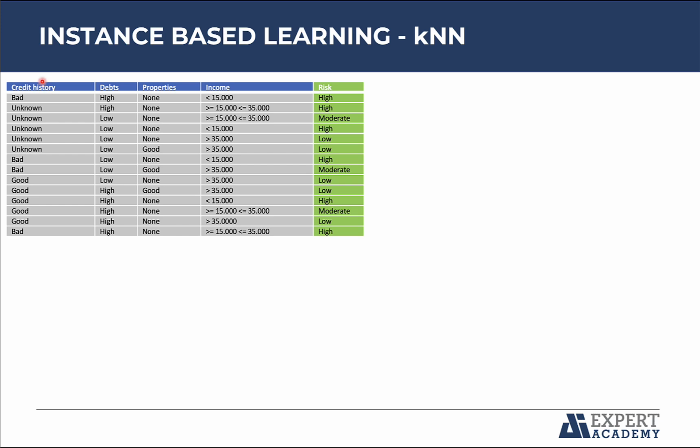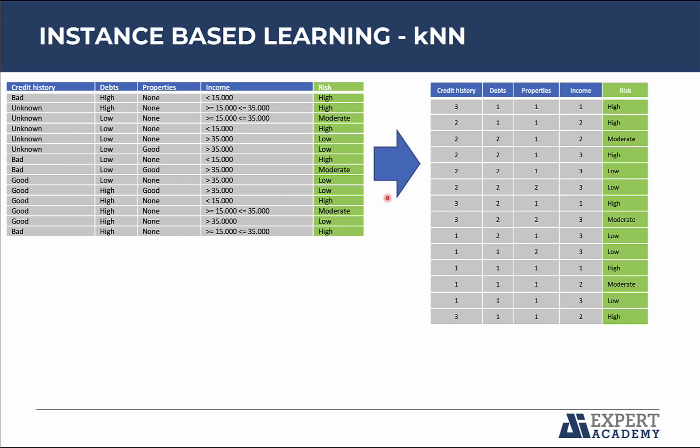Considering this dataset, we have the columns, the features of the customers: credit history, debts, properties, and income, as well as the risk, which is our objective. It tells if the risk of giving a loan is high, moderate, or low. As we have seen in the slides, some mathematical calculations are needed. So we need to convert this data from categories to numbers.